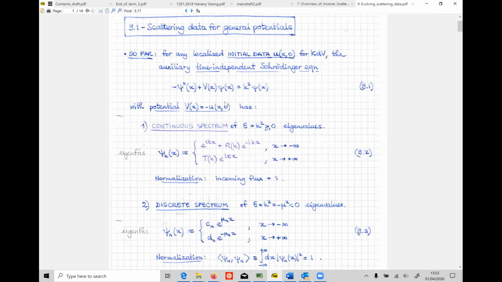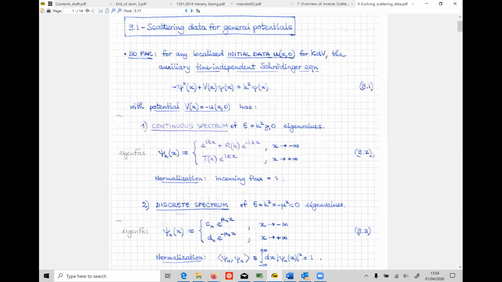In particular, the two classes of eigenvalues and eigenfunctions. There is a continuous part of the spectrum, in which case k squared is positive and all positive values of k squared are allowed. Correspondingly, we find solutions of a scattering type.